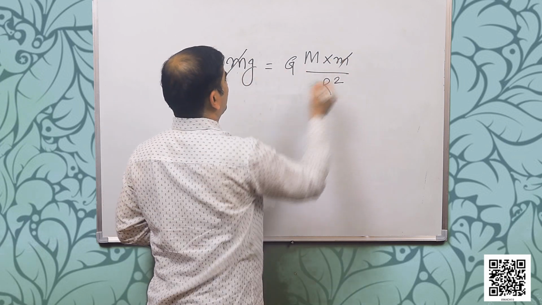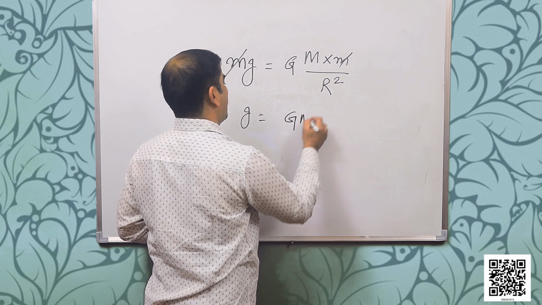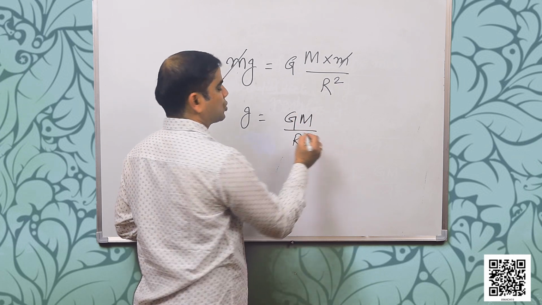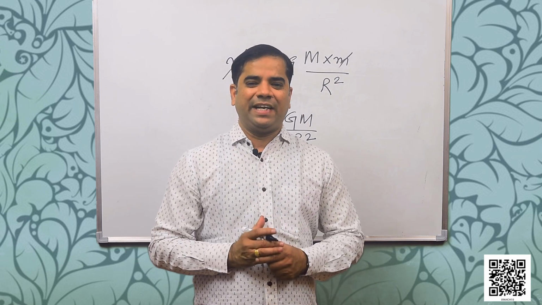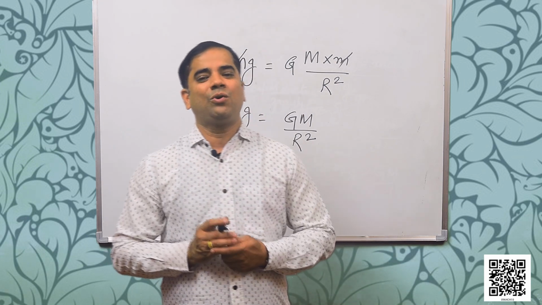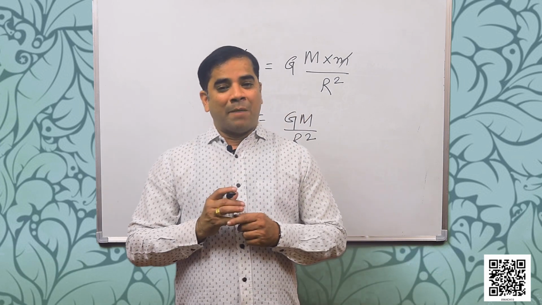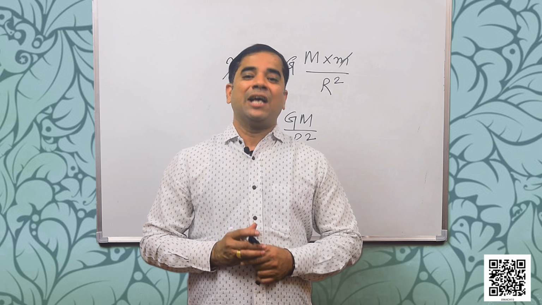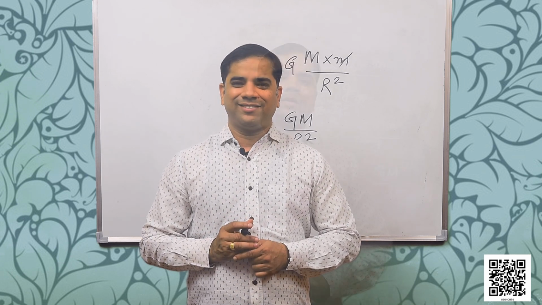When I cancel out both the m's, acceleration due to gravity will be G m by r square. So acceleration due to gravity, that is g, is equal to the product of gravitational constant and mass of the earth divided by the square of the radius of the earth. Hope you have understood this.